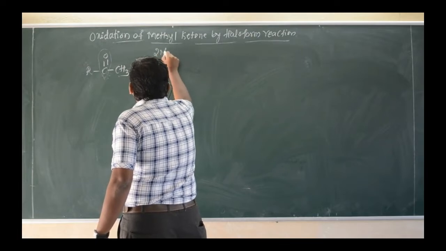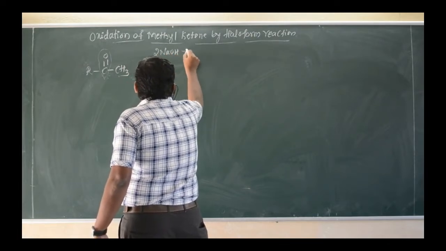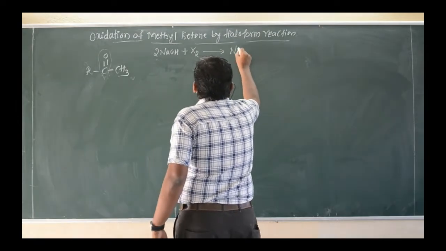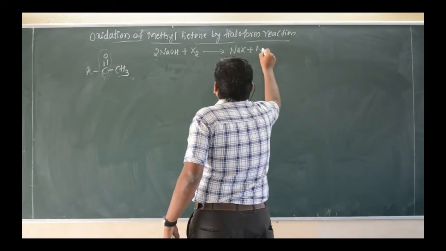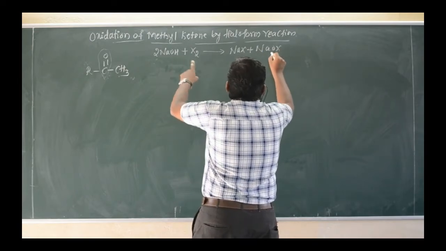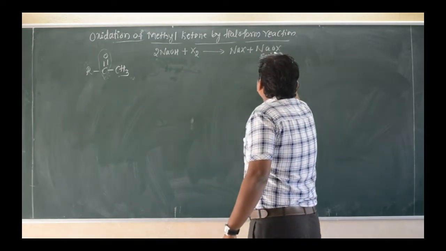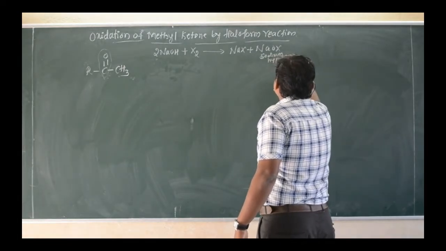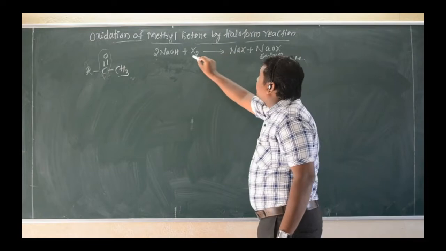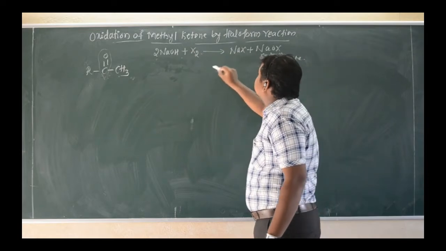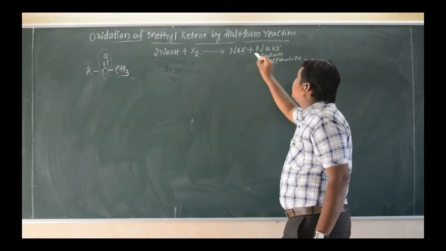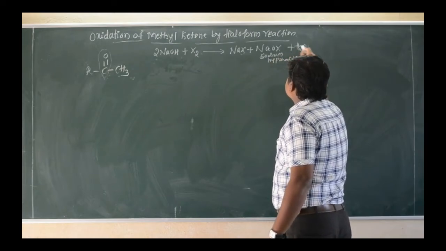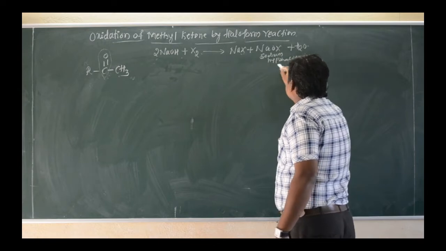That is sodium hydroxide with halogen, so there is a formation of NaX plus NaOX, which is sodium hypohalite. When sodium hydroxide reacts with halogen, there is a formation of sodium halide and sodium hypohalite, plus H2O.